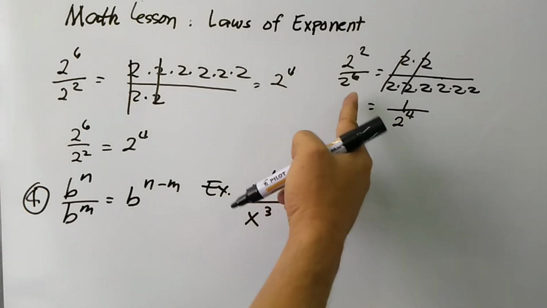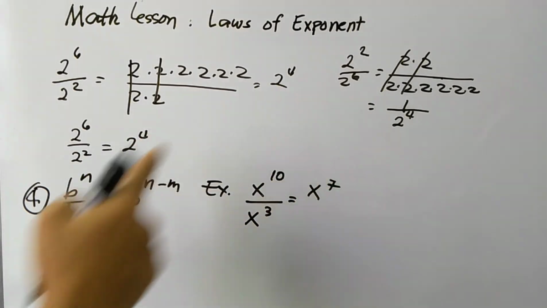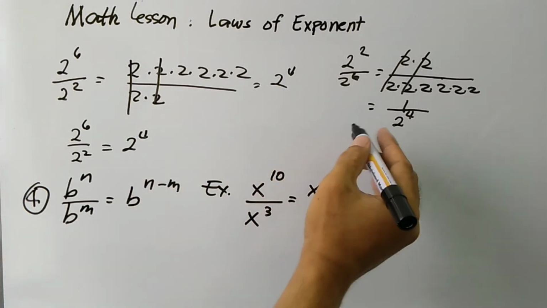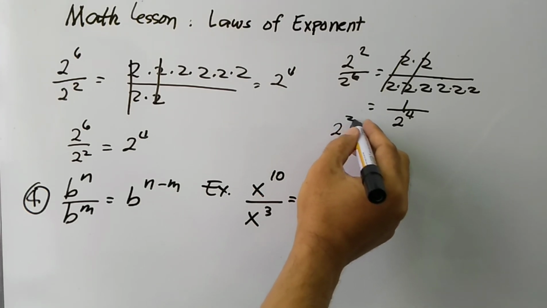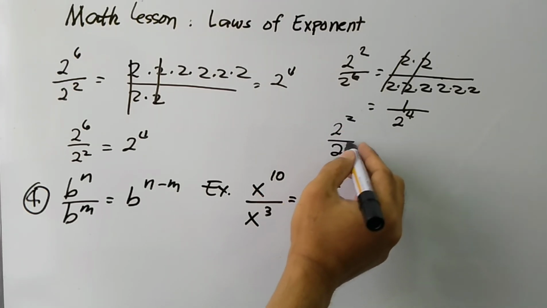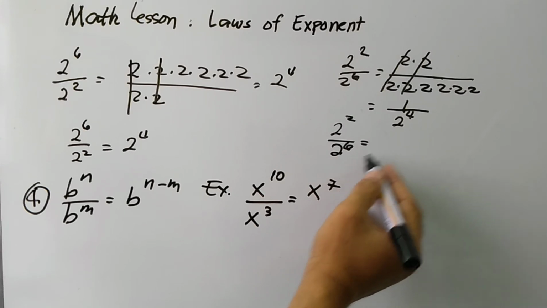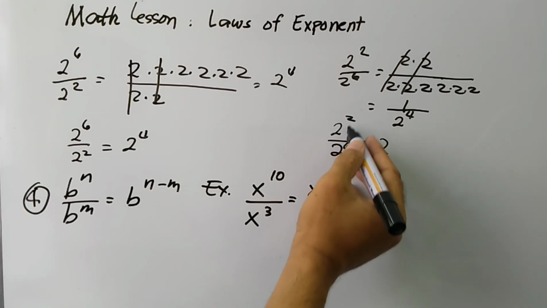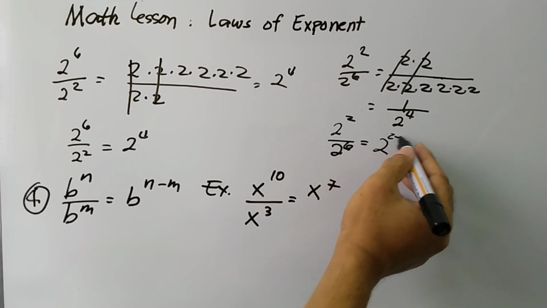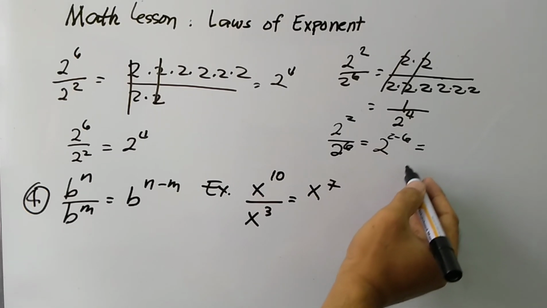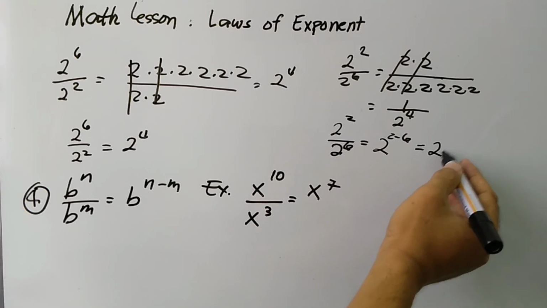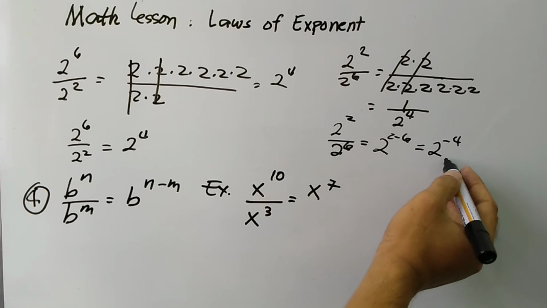We can also answer this by applying rule number 4. So we have 2 squared divided by 2 raised to 6 equals, copy the base 2 and then subtract the exponents, 2 minus 6. And the answer is 2 raised to negative 4.